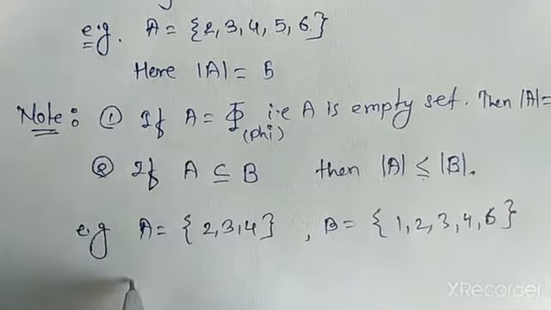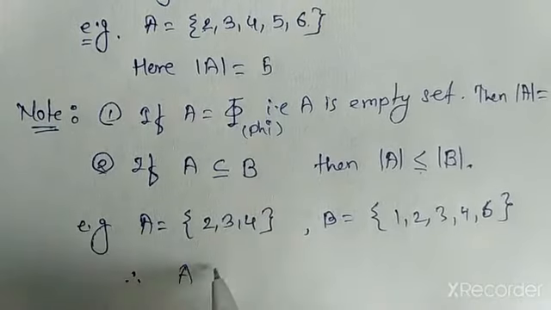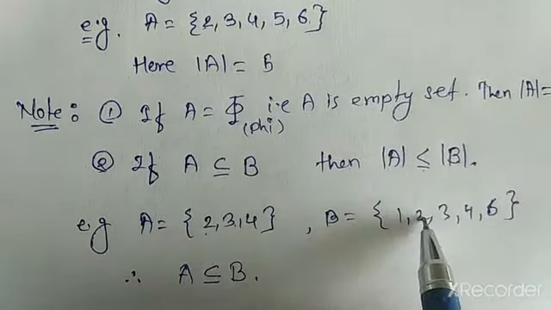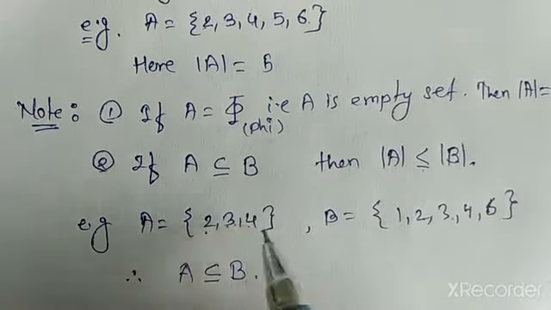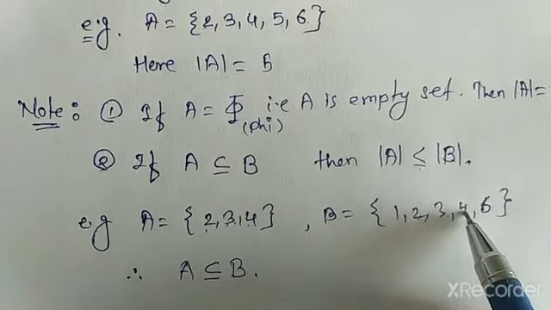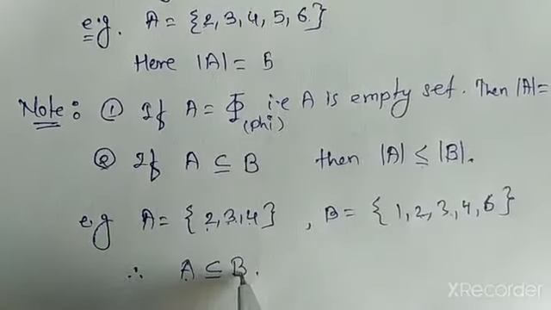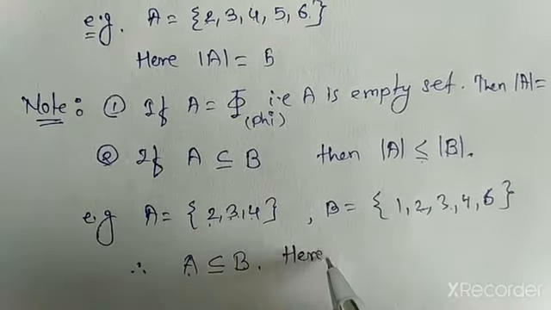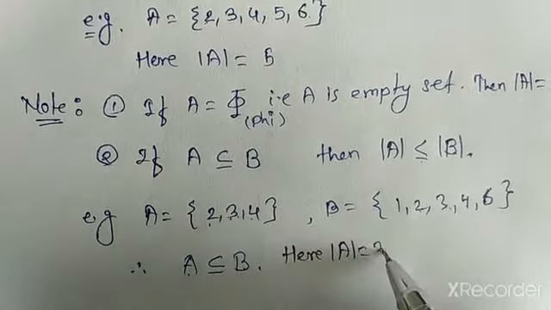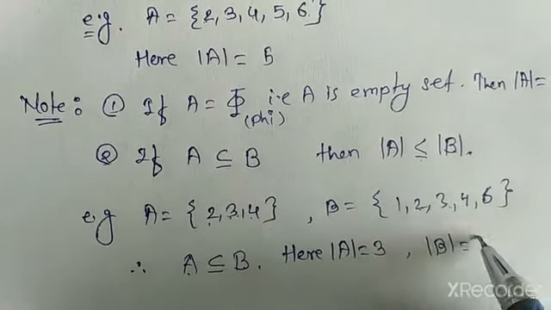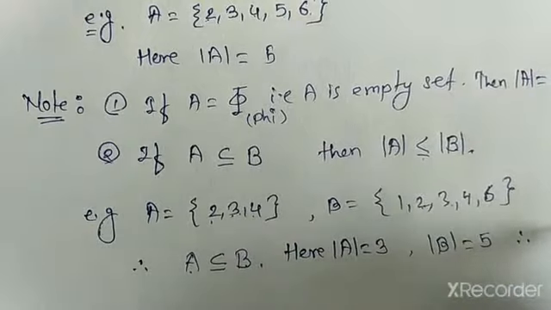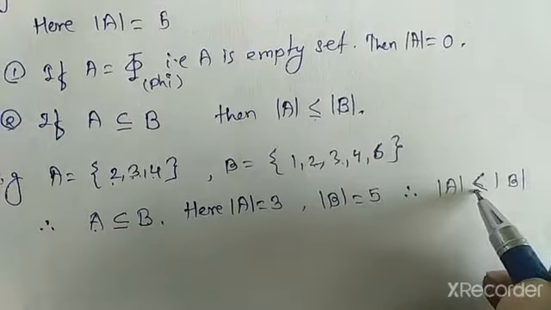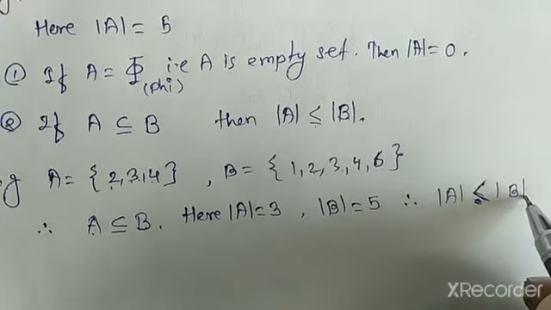Here A is a subset of B, since 2, 3, 4 are present in B. Cardinality of A is 3 and cardinality of B is 5, so cardinality of A is less than that of B.